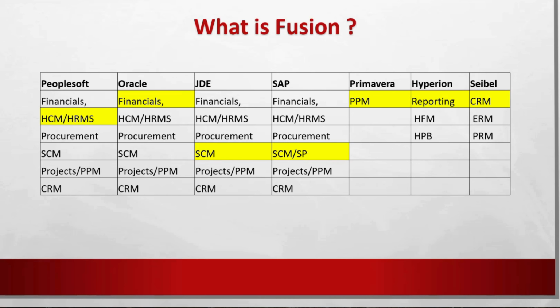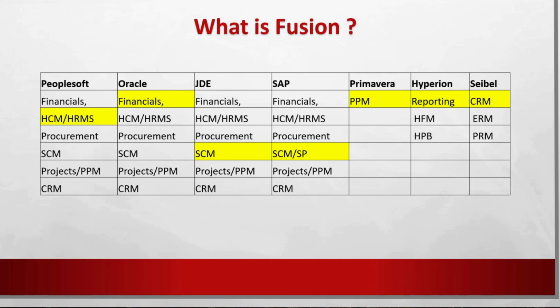It deals with various modules or applications like financials, HCM or HRMS, procurement, SCM, projects, PPM, CRM. Now, this PeopleSoft application had its core in HCM or HRMS, meaning they were expert in this specific application. All other applications were average, but HCM or HRMS was its core.